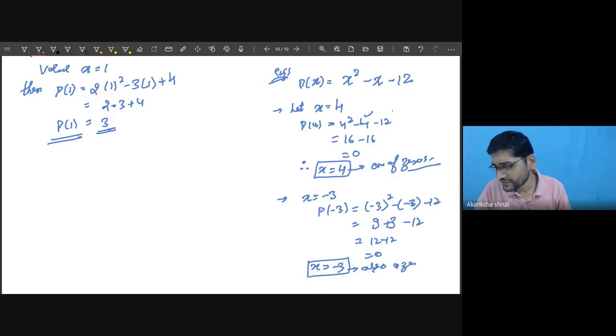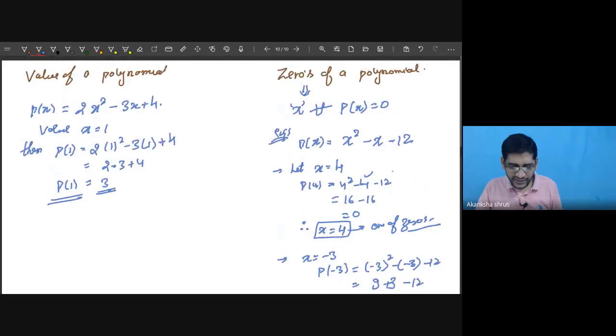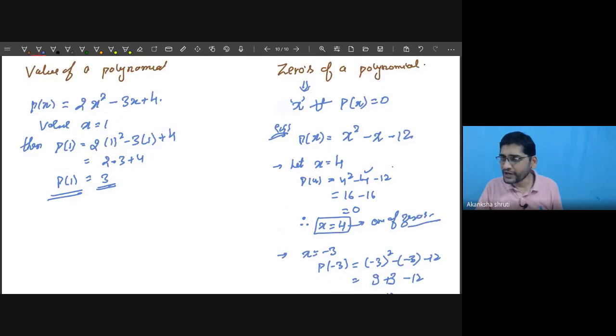So the question is asked to check, for a given polynomial, whether the given values of x are zeros or not. If substituting it you get 0, then that is a zero. If not, then it is not a zero. That is the point. But based on this, another kind of question is also framed.